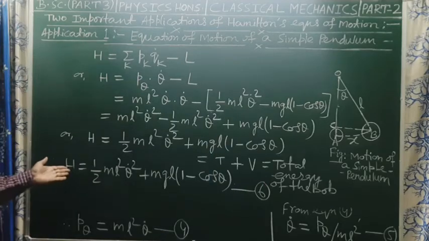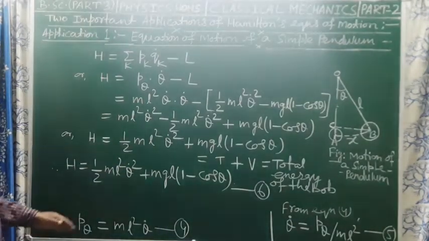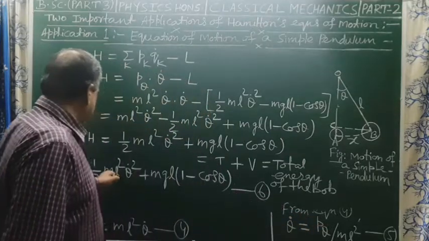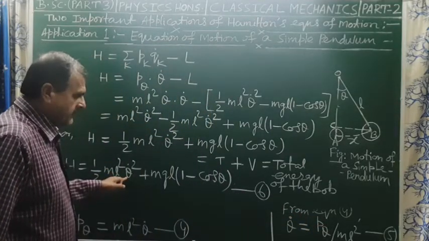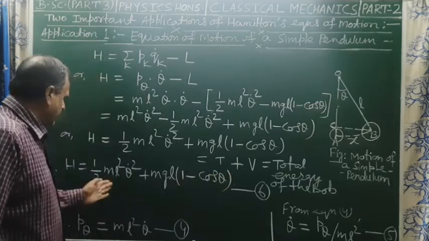And from this equation we can write delta H by delta theta dot. In place of theta dot we can put p theta upon ml square, from equation 5.